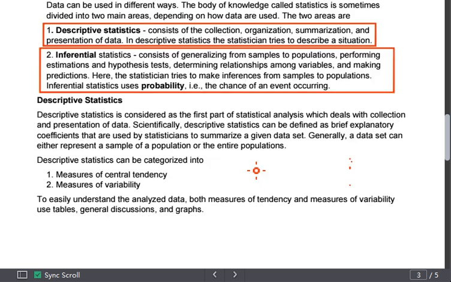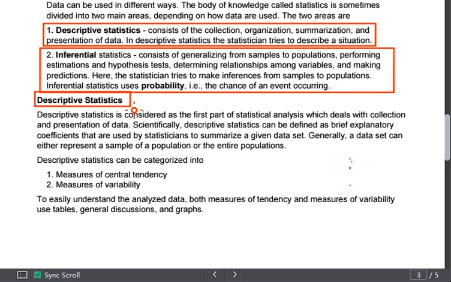So now let's elaborate the descriptive statistics. Descriptive statistics is considered the first part of statistical analysis, which deals with the collection and presentation of data. Scientifically, descriptive statistics can be defined as brief explanatory coefficients that are used by statisticians to summarize a given data set.